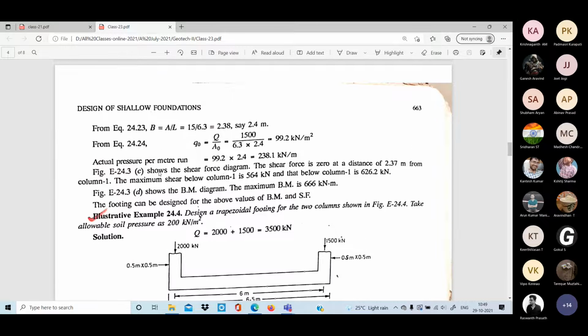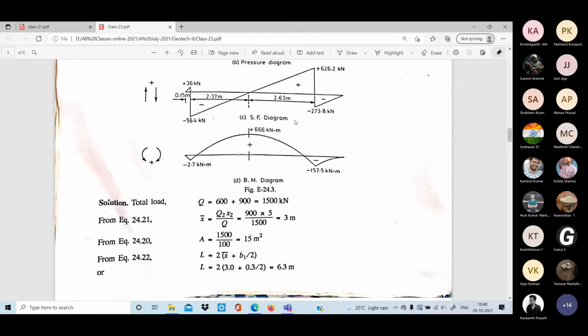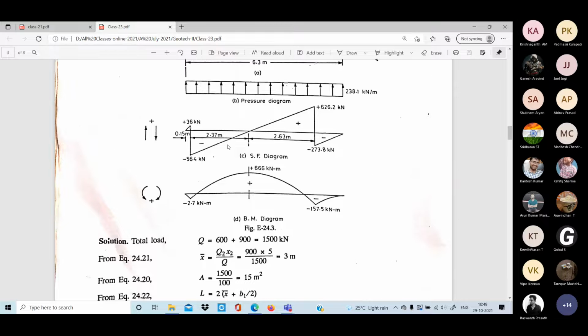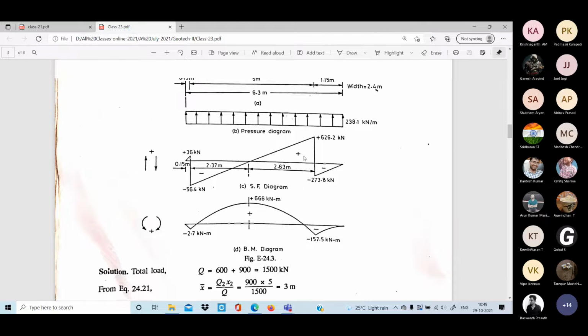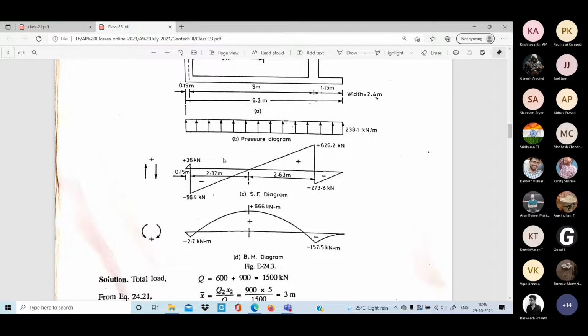Then what we'll do is the figure shows the shear force diagram. Shear force is 0 at the distance of. So what we'll do is shear force and bending moment diagrams can be drawn for this one. So they have already drawn the shear force and bending moment diagrams. Okay, we can reverse it and also it can be done. And when you calculate the shear force and bending moment diagram, where the maximum bending moment is there, shear force becomes 0.